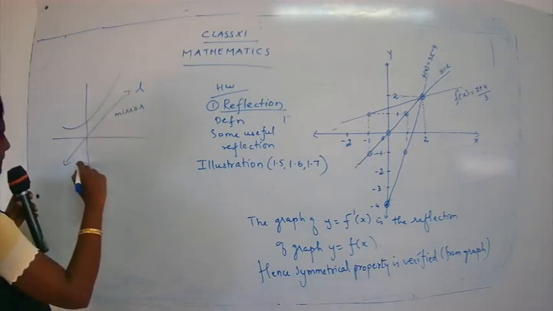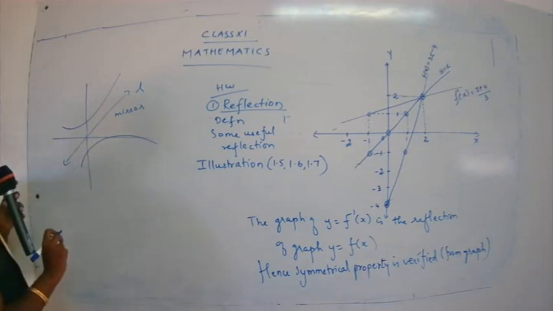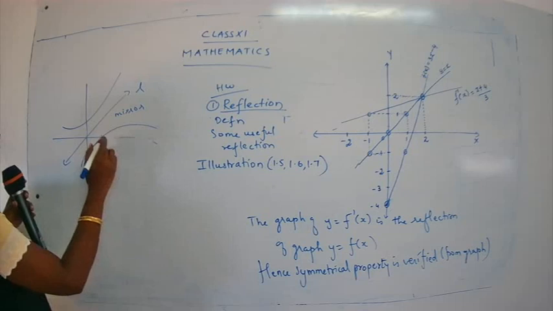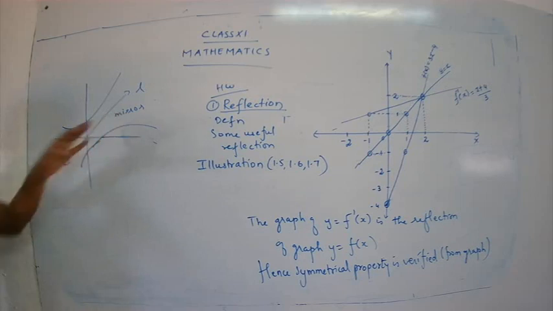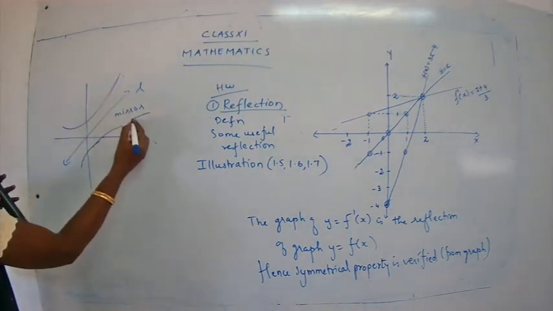It goes like this, so it will be somewhat like this. Reflection is just a mirror image. So this is called reflection. The same thing gets reflected here. Same reflection. So it goes like this.